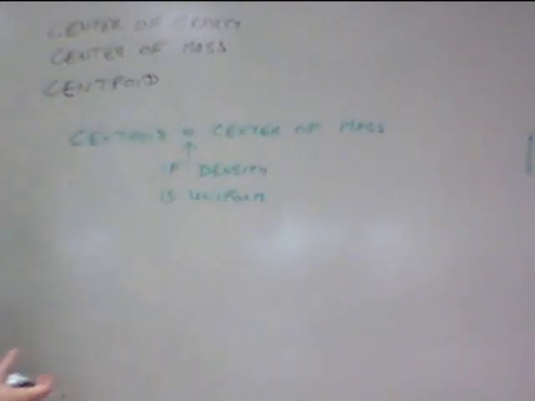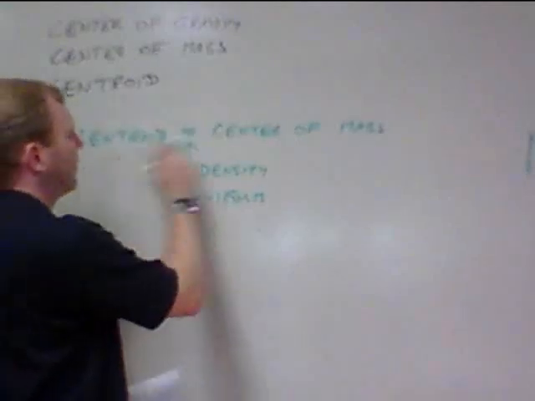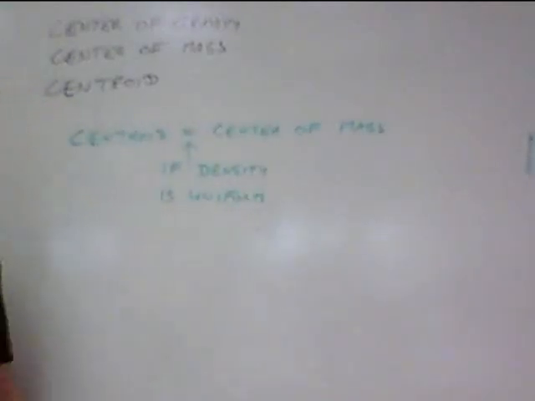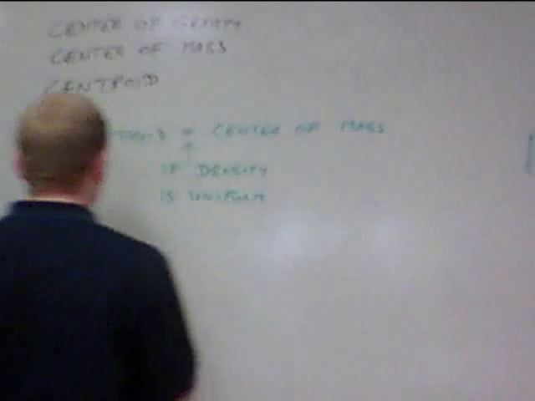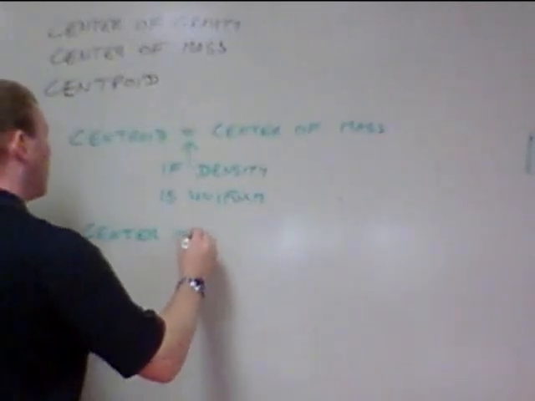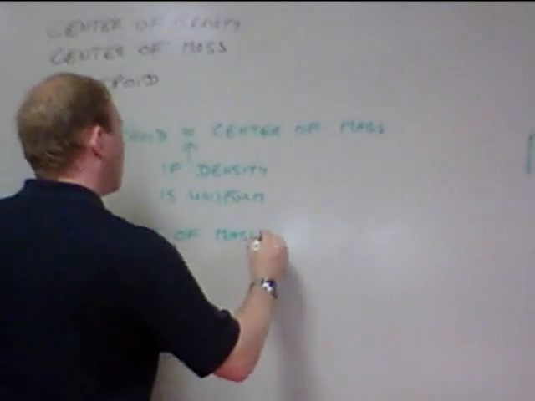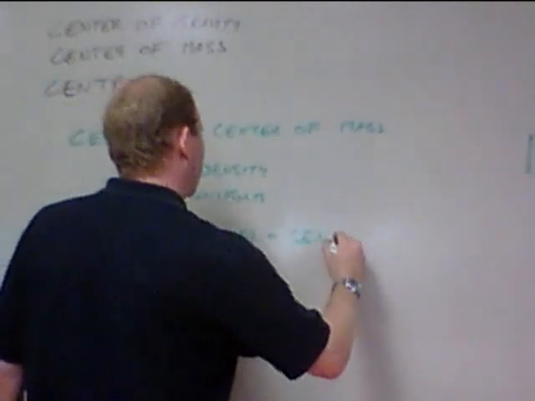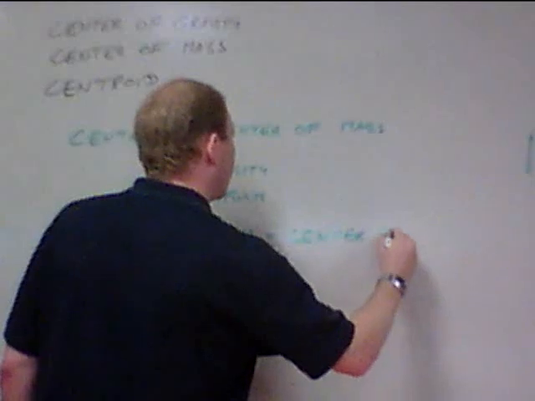If the object is the same density throughout, then its center of mass will be its centroid. And center of mass will equal the center of gravity, i.e. they'll be in the same spot.